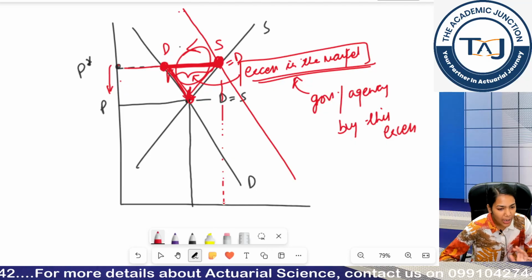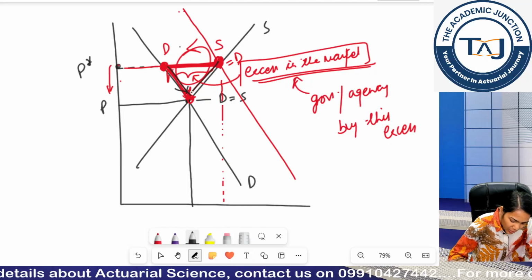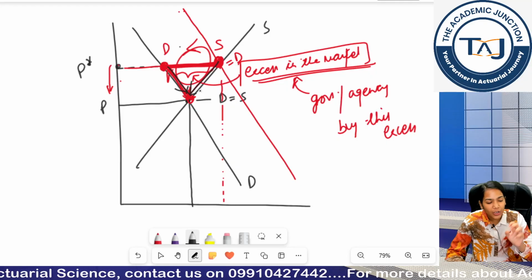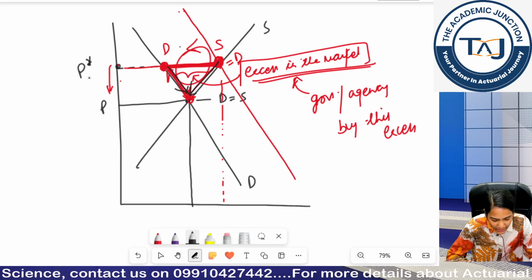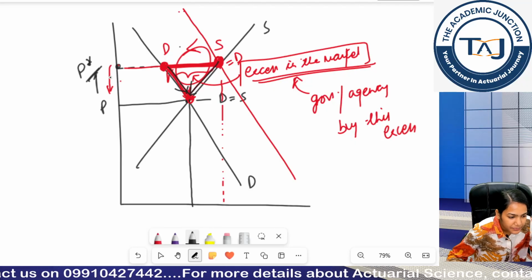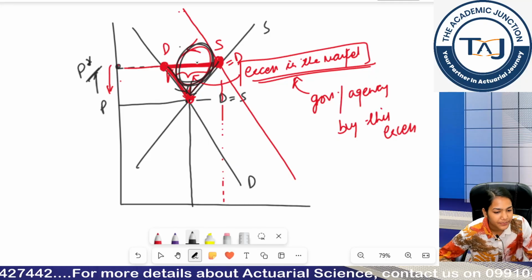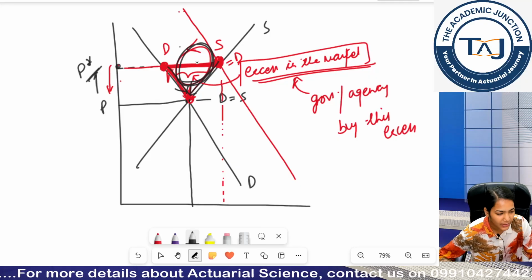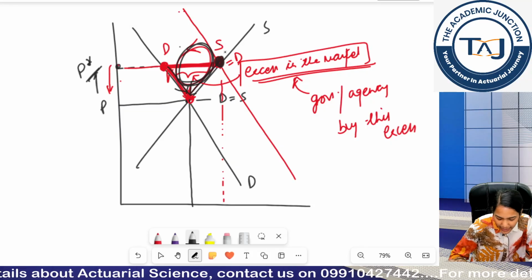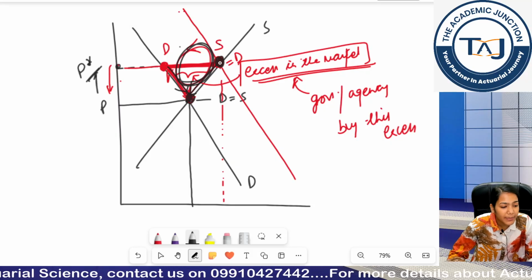Now your automatic question should be: why is my equilibrium not being set back at the original point? You told me that in the long run the price will come to the equilibrium price only. In that case there would be no point of raising the price, right? So the government will buy this excess supply, which will automatically bring my demand to my new supply, and at this price my new equilibrium price, which is higher than my actual price, will be established.